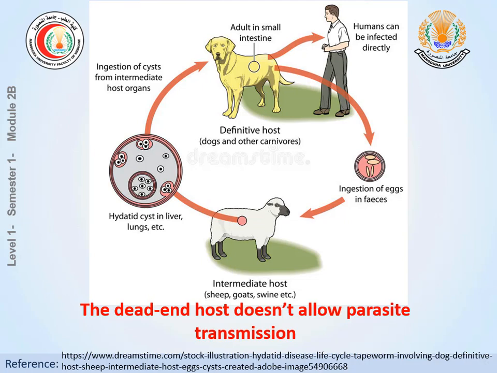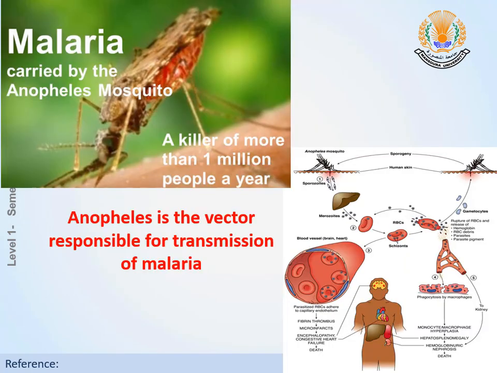If this parasite accidentally infects humans, it is no longer able to mature or propagate, and man here is considered the dead-end host. The last type is the vector. When the host that transmits the parasite from one host to another is an arthropod, it is called the vector of the disease.